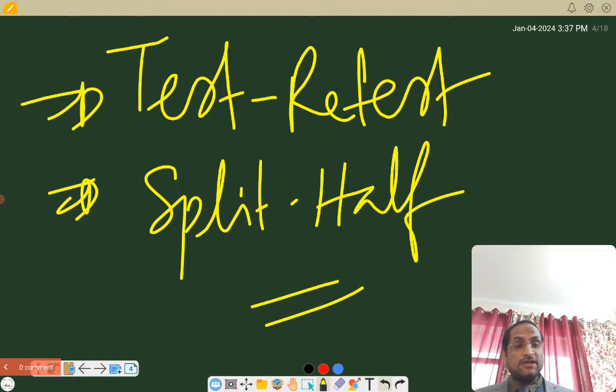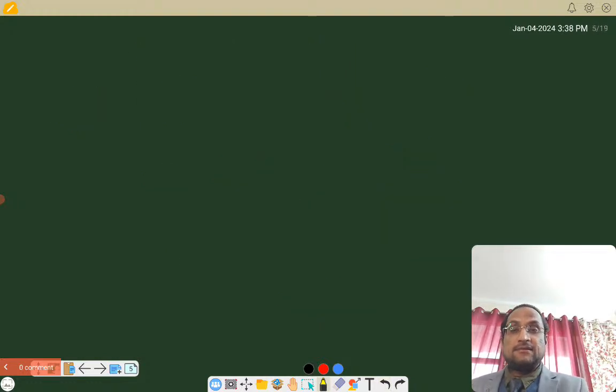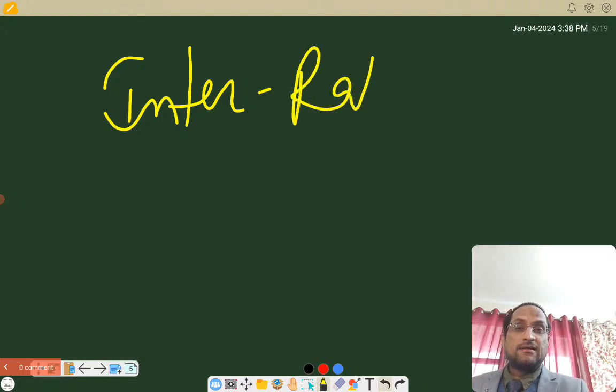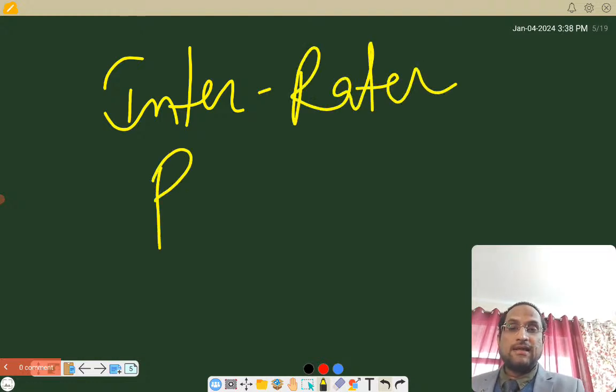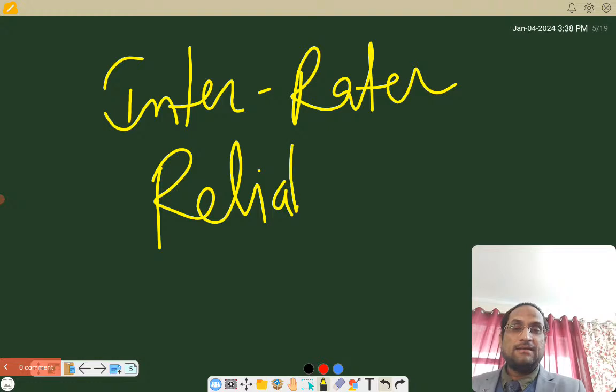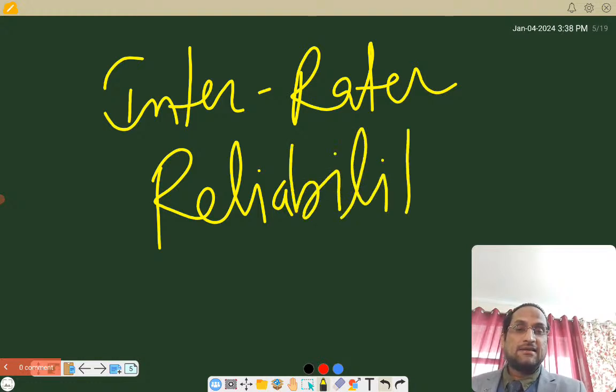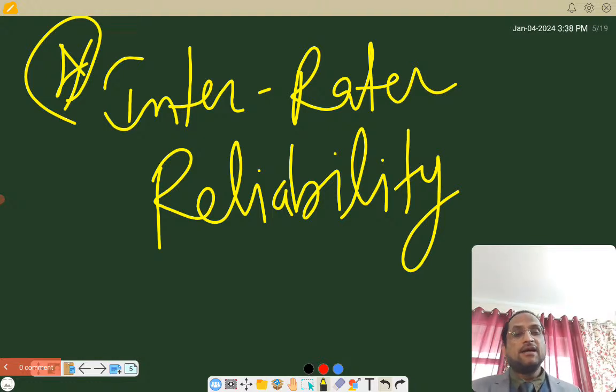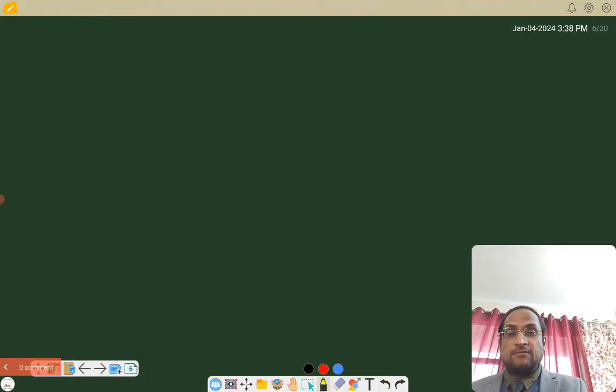Adding another layer to these two is inter-rater reliability. That is, if the test is evaluated and scored by different test takers, then also the average of the scores remains similar, if not the same. That's it. Done. Now we come to validity.